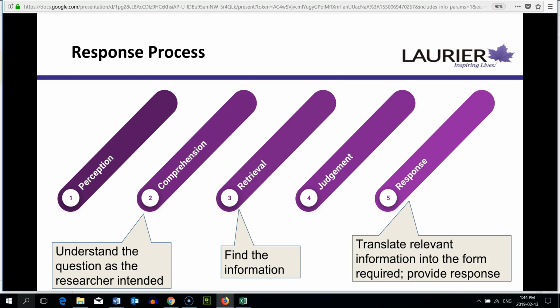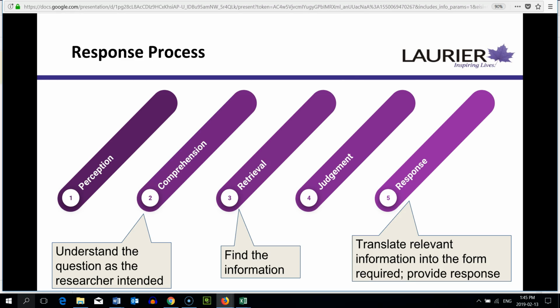If respondents have difficulty with the perception, if it doesn't display, or it's just not laid out, it's not pleasing to the eye, or the eye doesn't naturally follow to the question stem, to the response options, you're going to get attrition. You're going to get response error, measurement error, because people aren't going to answer the questions correctly. So the way the response is laid out, the way questions are constructed, the way the responses are ordered, the way things are laid out on the page, all of those are a factor in the responses for web-based surveys.